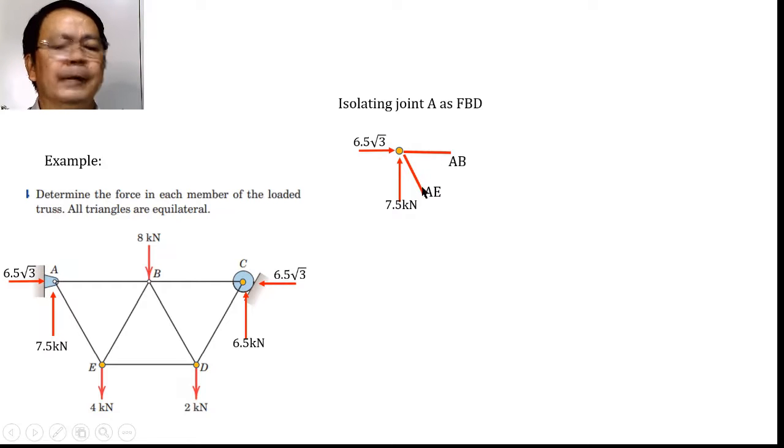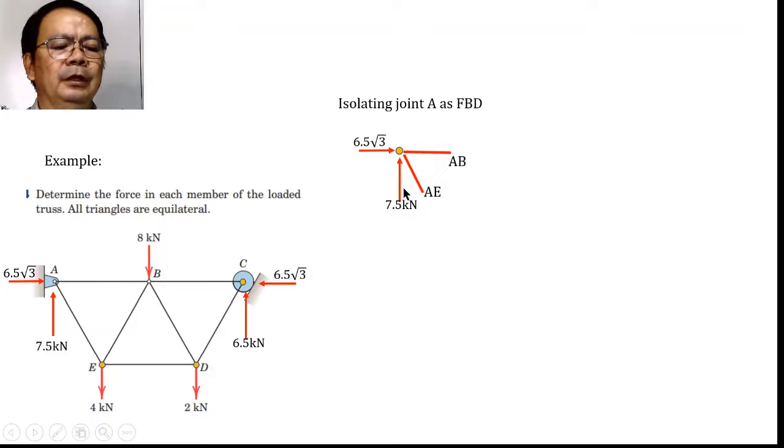Okay, pag-aralan natin, tingnan natin, since ang AB ay naka-horizontal, wala siyang vertical component. Ang makikita natin may vertical component dyan is AE. And we say that the summation of force vertical here must be 0. Since the reaction at A is already 7.5 directed upward, for the summation vertical to be 0, there must be another force that should be directed in the downward direction.